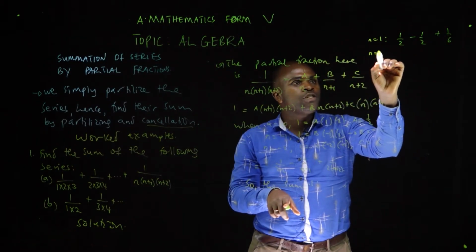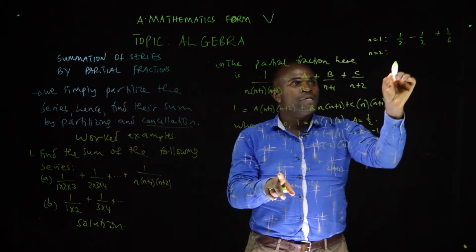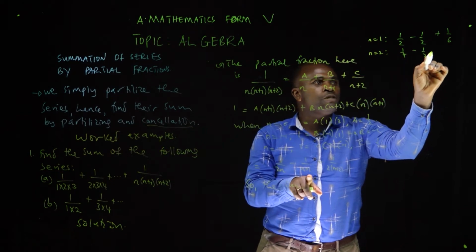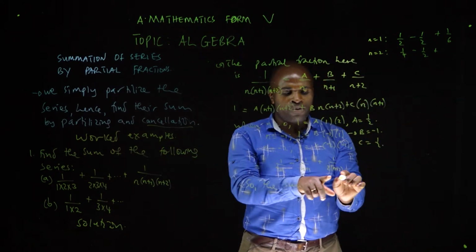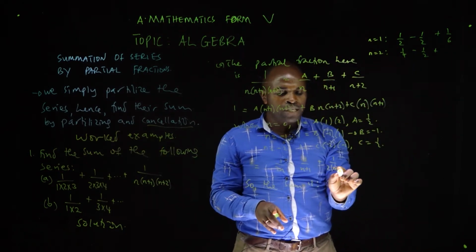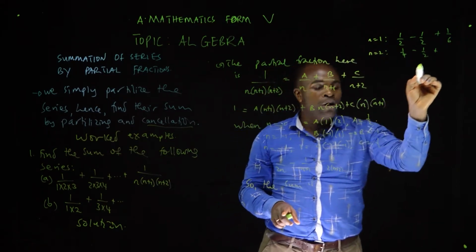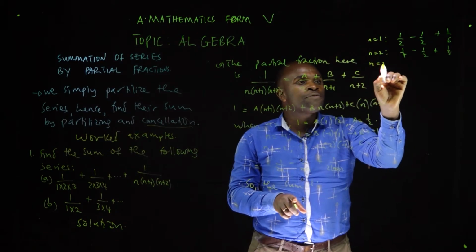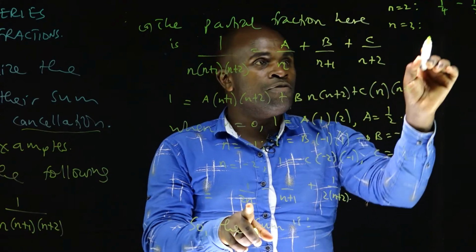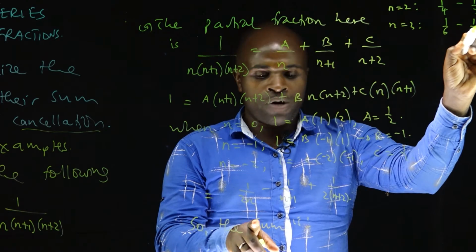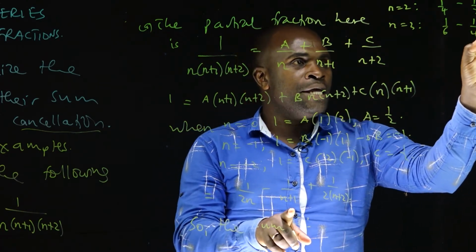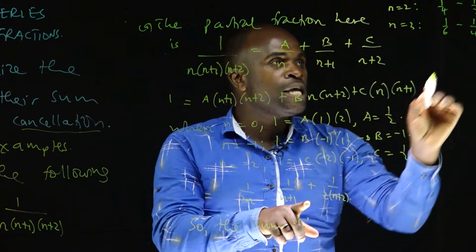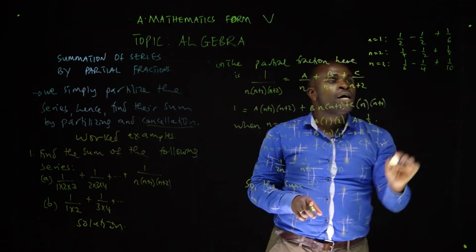When n is 2, this gives us 1 over 4 minus 1 over 2 plus, so when it's 2, that is 2 plus 2, 4, times 2, that is 8, 1 over 8. When n is 3, this gives 1 over 6 minus 1 over 4, and again here, when it is 3, 5 times 2, 10, okay, that is 10 here, class.